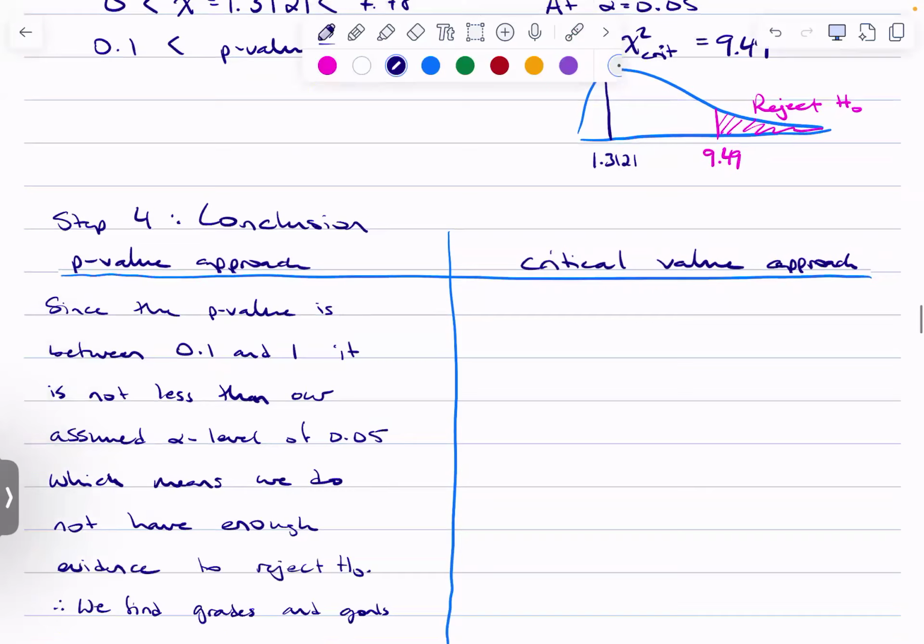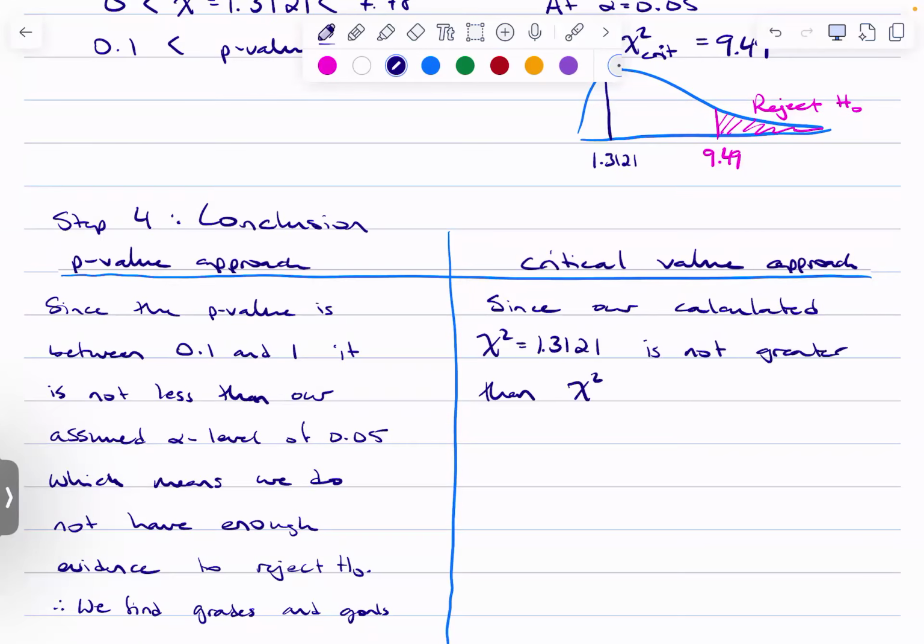But in our case, since our calculated chi-squared, and maybe I'll put it on the next line, chi-squared is 1.3121, is not greater than the chi-squared critical, which is 9.49 at an assumed alpha level of 0.05, we do not have enough evidence to reject H naught.